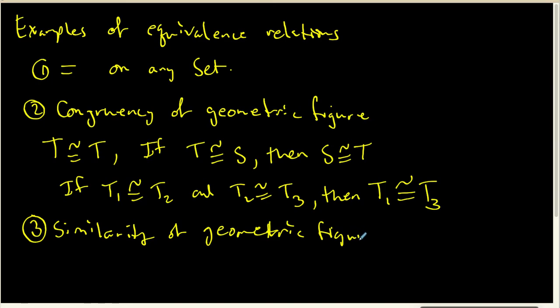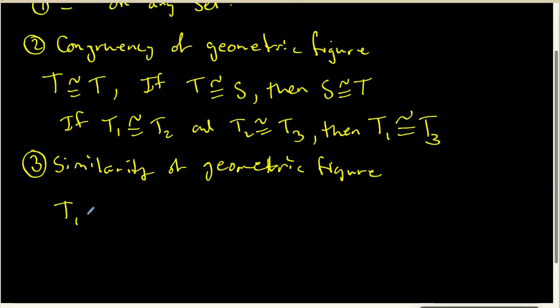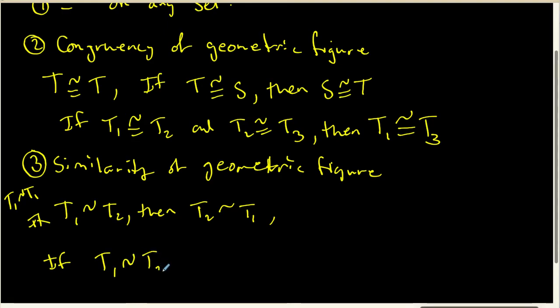If I replace congruency with similarity, and I know that triangle T1 is similar to triangle T2, then I know that triangle T2 is similar to triangle T1. I should have also reminded you that any triangle is similar to itself, and if T1 is similar to T2 and T2 is similar to T3, then we can conclude that triangle T1 is similar to triangle T3. This is basically saying they have the same shape.